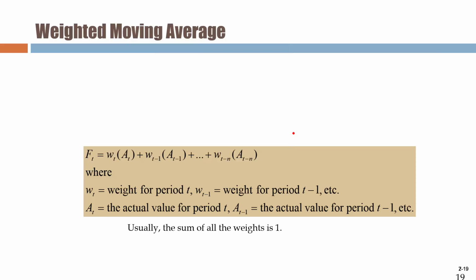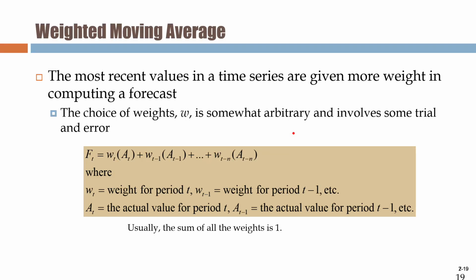However, you might think that yesterday's data is fresher, so maybe tomorrow's price will be affected more by yesterday's data. Yesterday's data is more important than the data from 30 days ago. So why do we apply the same weight?